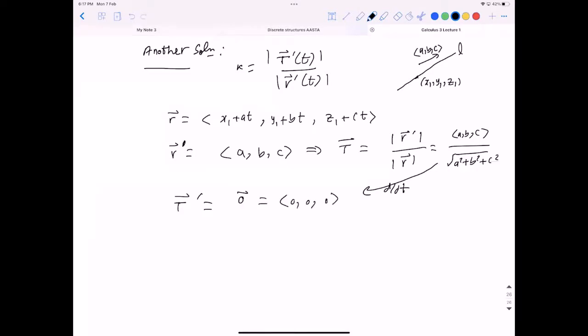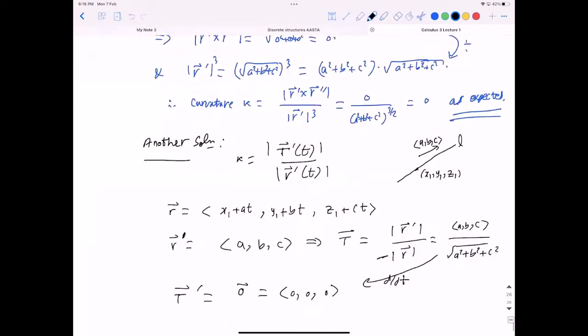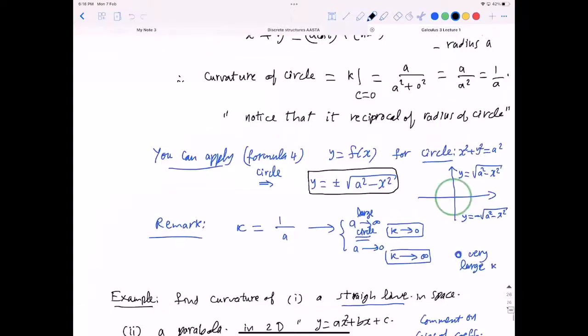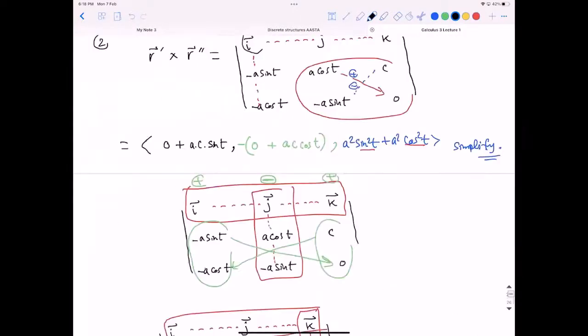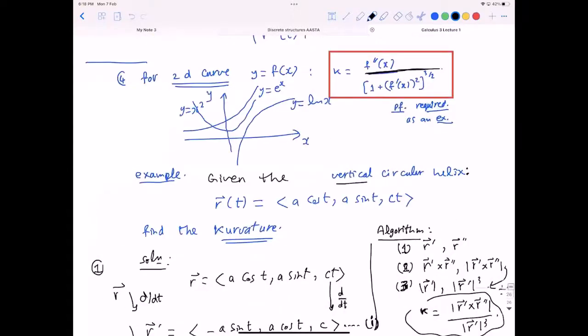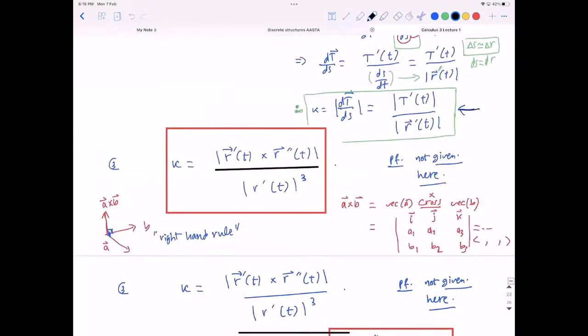Doctor, you put the magnitude at R dash, so shouldn't the one on top also be magnitude? No, R dash is a vector. Kappa is a scalar quantity. It has to be a scalar quantity. There is a magnitude for the vector in the numerator and the one in the denominator.